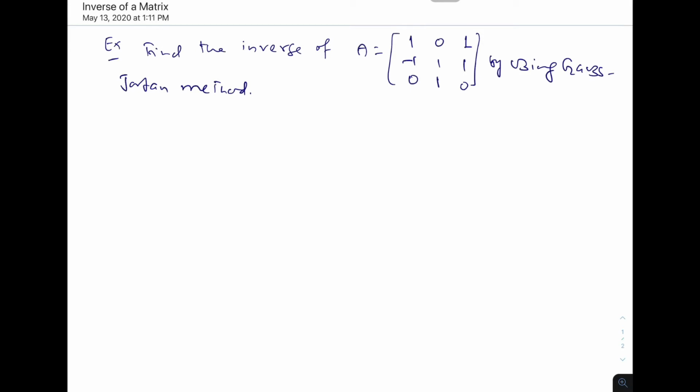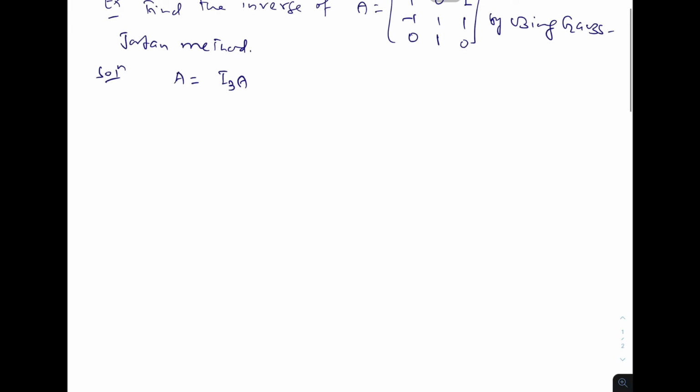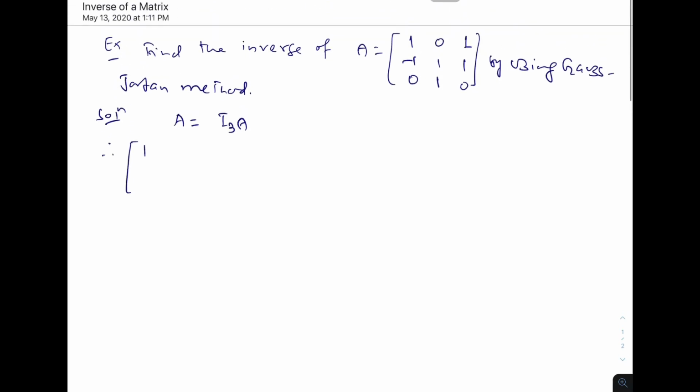Okay, so we write A equal to I3 A. So 1 0 1, minus 1 1 1, then 0 1 0 equal to I3.